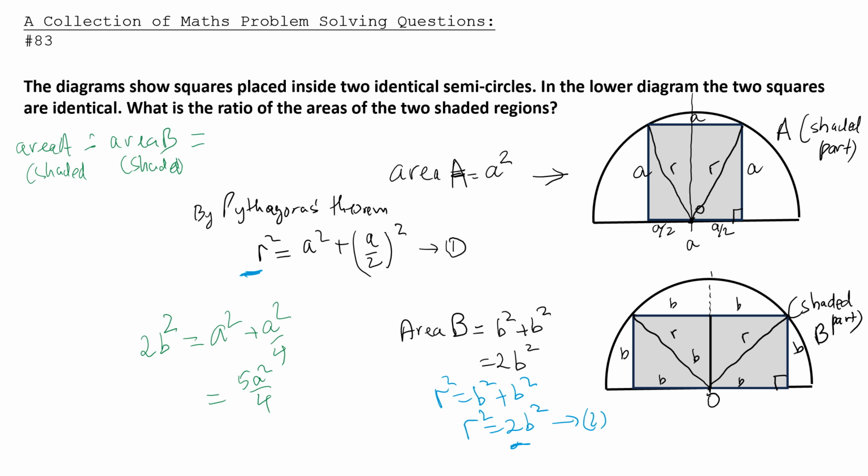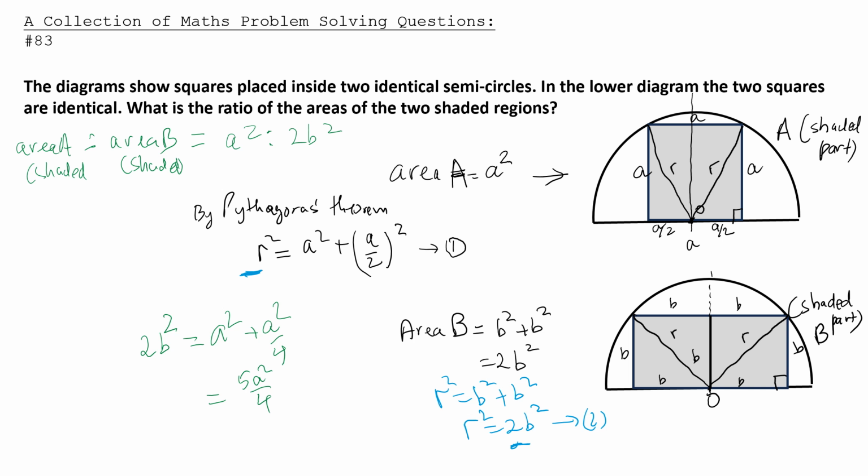and that would equal the area of A is A square to the area of the part B, which is twice of B square.